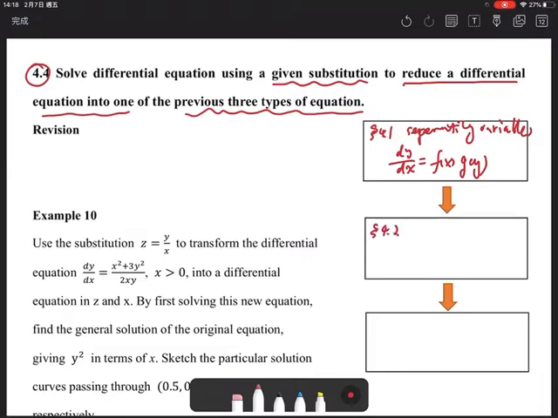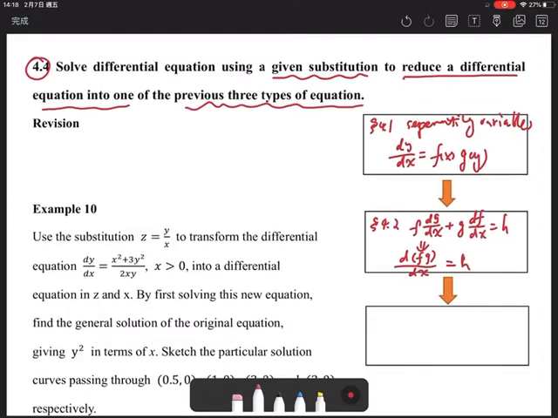And in section 4.2, we learned that the type of the question is one where one side of the differential equation can be written as the derivative of a product.